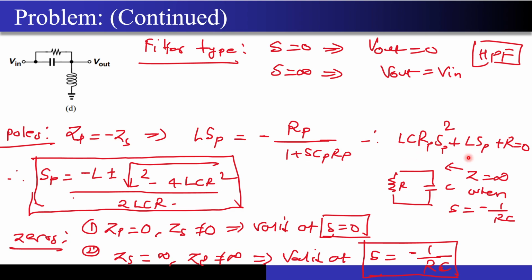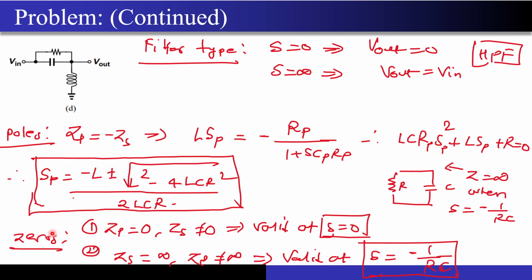You will get a quadratic equation, and if you solve it, this is how you will get the value of the poles. Depending on the values of R, L and C, you will see that these poles can lie on the negative real axis, they can act as complex conjugates of each other, or they can lie on just the imaginary axis.